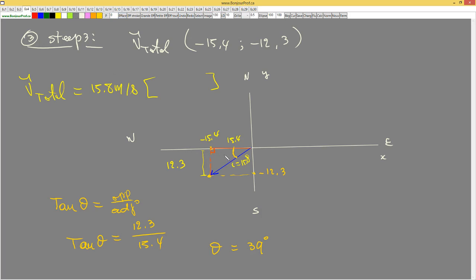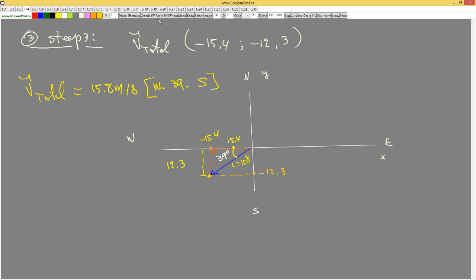And now we have to give our vector with the 39 degrees. My angle touches the west, so I'm going to write west, because the theta touches the west. 39 degrees south. So this is my answer.